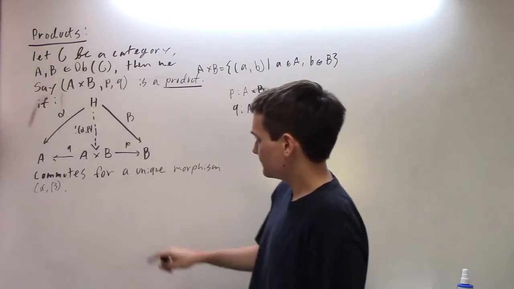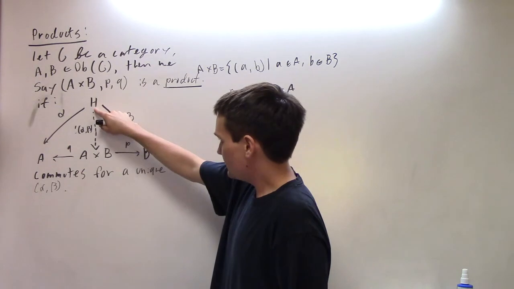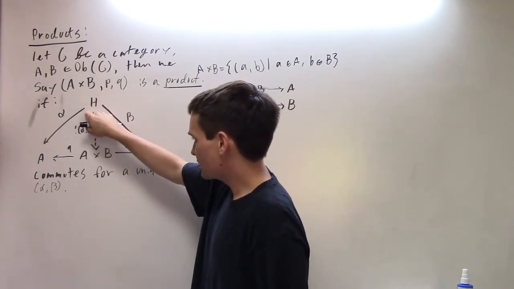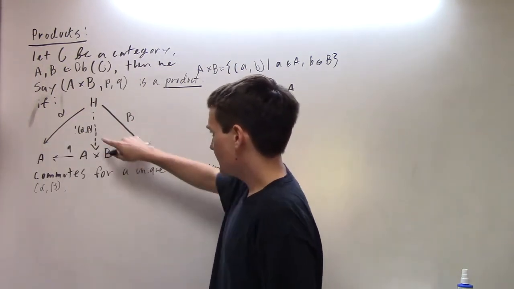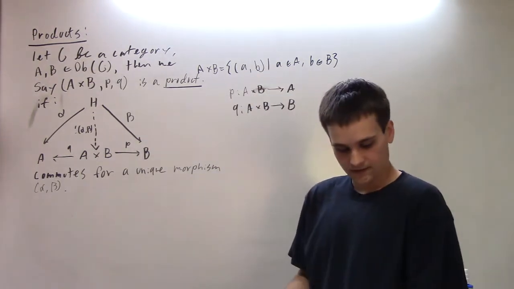So that's the product category? Right, and essentially this morphism here, if you have some topological space H and continuous functions to A and to B, then this is the product of those two functions. And that's sort of what characterizes these products.